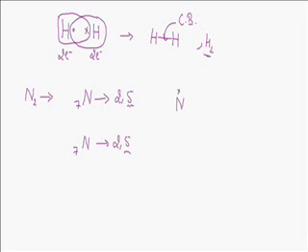Nitrogen has 5 valence electrons, so I am going to represent it using 5 crosses. Another nitrogen atom has 5 valence electrons, so I can represent this using 5 dots. Both nitrogen atoms have a deficiency of 3 valence electrons, so they will contribute 3 electrons for the sharing.